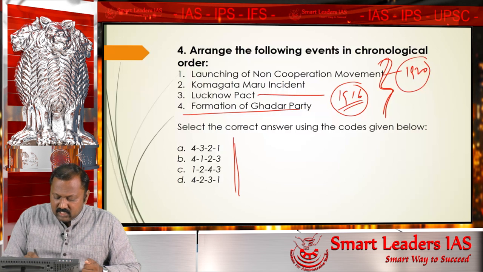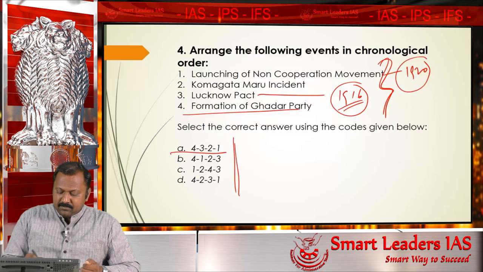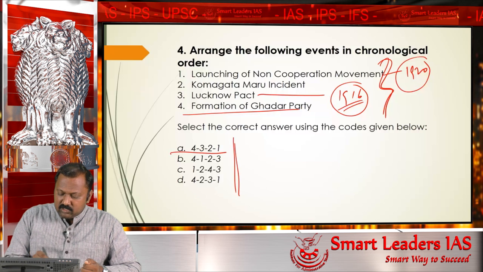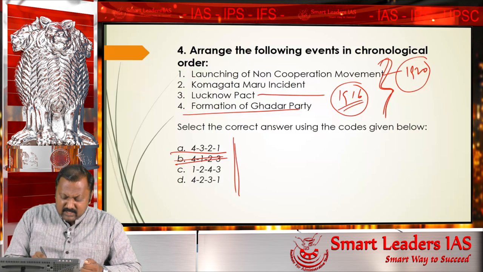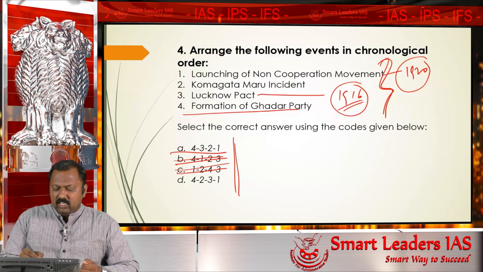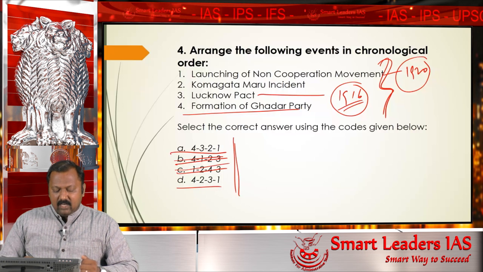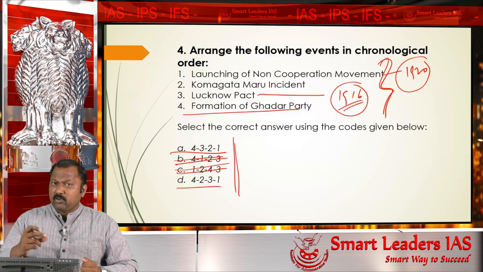A has 3 before 1. Here 1 is after 3, so this is not the answer. C also has 1 after 3, because 1916 cannot come after 1920, so I have eliminated 2. So the answer can be either A or D. I have narrowed down the answer.